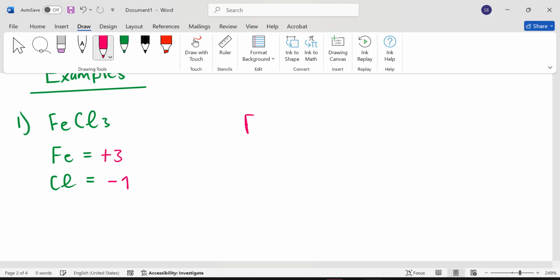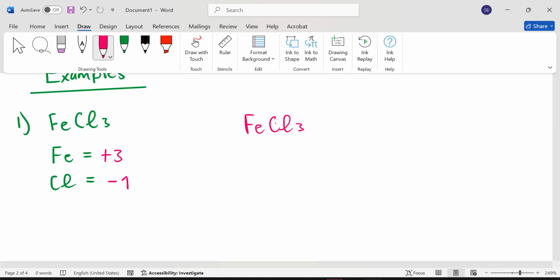So I would have FeCl3. Oh, and by the way, in the same way that a polyatomic ion like SO4 2- has the sum of the individual oxidation numbers equal to the charge, that is also true for a neutral compound. FeCl3 is a neutral compound, that is, it has no charge, neither positive nor negative.